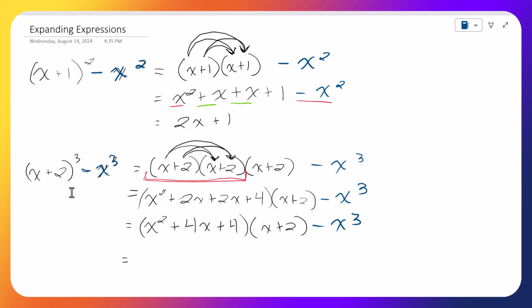Okay. So x squared times x and x squared times 2. So we get x cubed plus 2x squared. And then we're going to do 4x times x and 4x times 2. So we get plus 4x squared plus 8x.